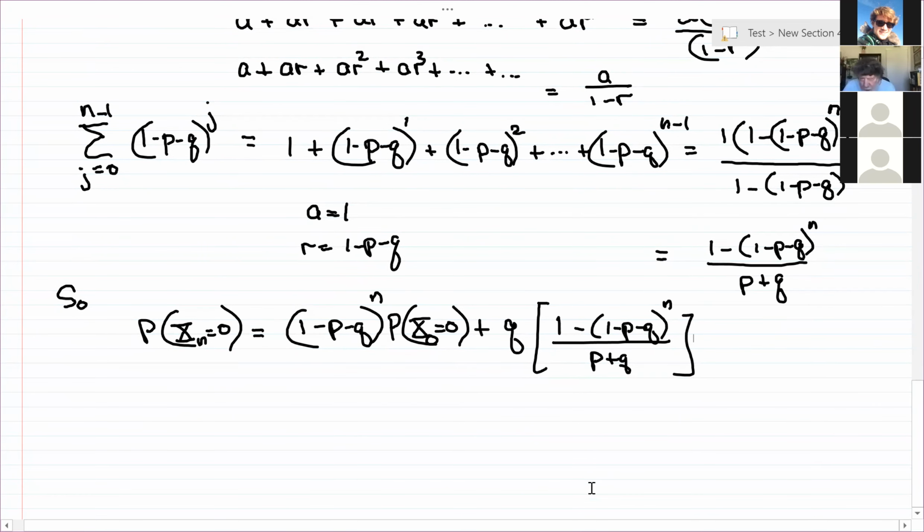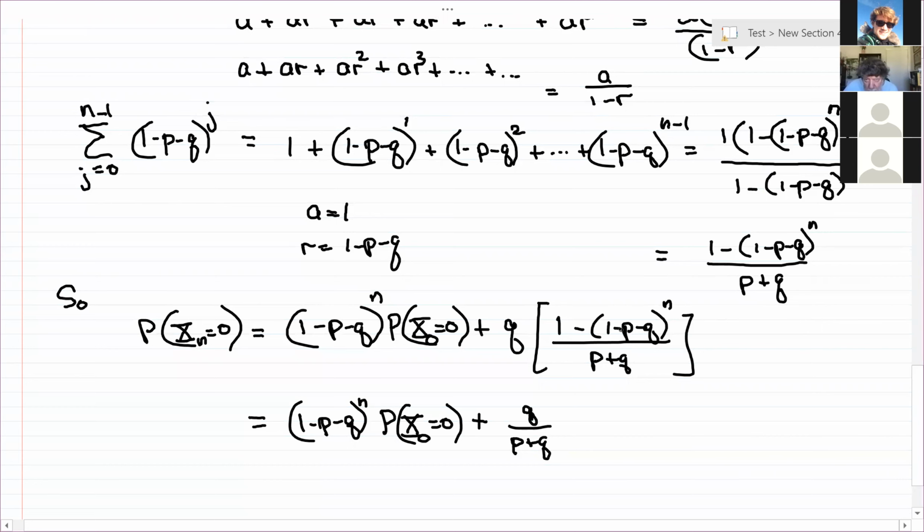And let's rearrange the terms slightly, because something nice is about to happen. Let's distribute the q. So q times 1 over p plus q. So we'll keep this one the same, (1 minus p minus q) to the n times p x naught equals 0. And then q times 1 over this is just what? q over p plus q.